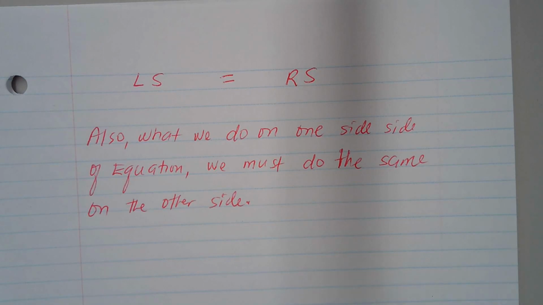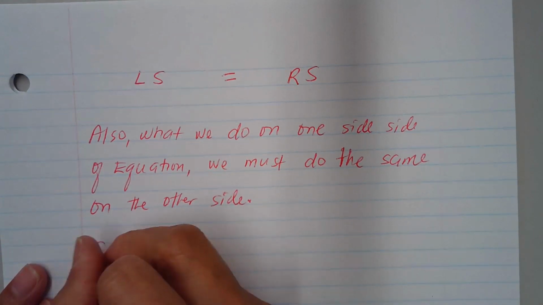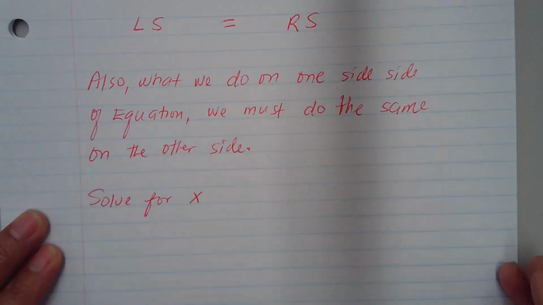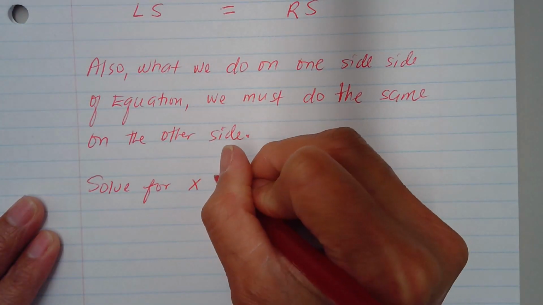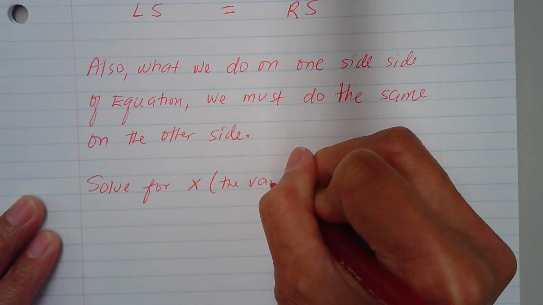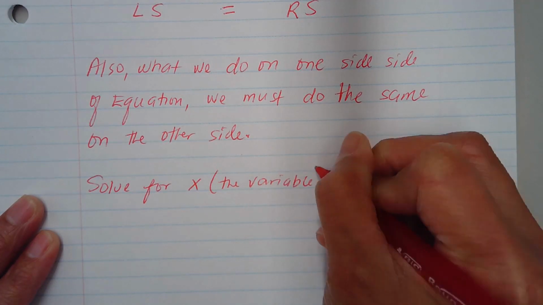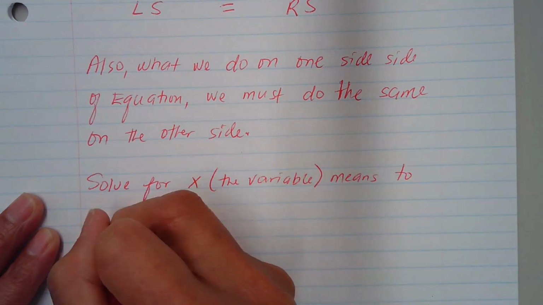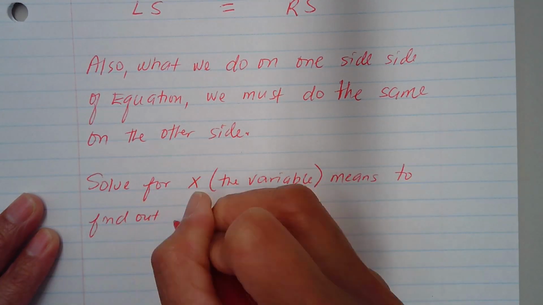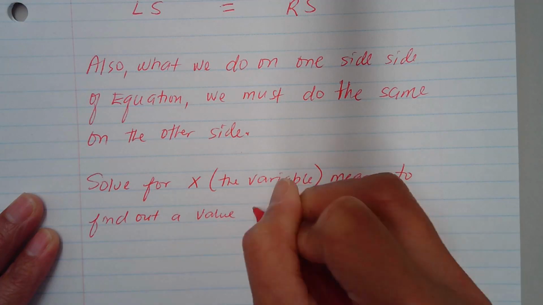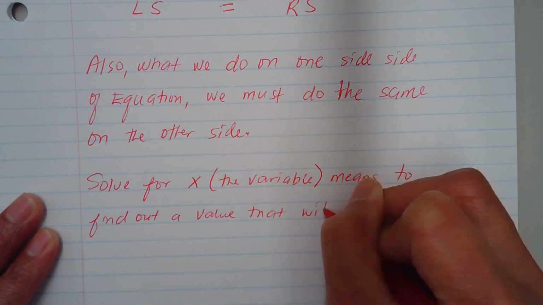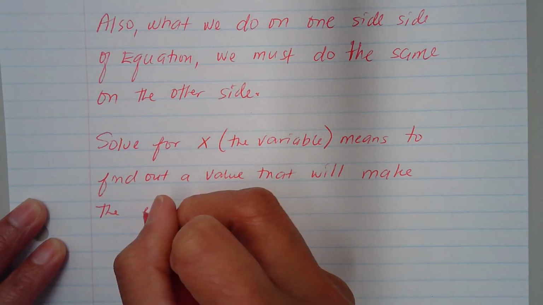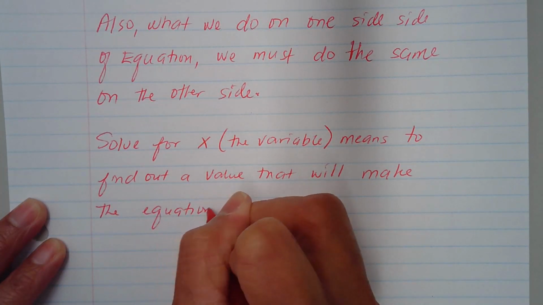And solving for x means, okay, x means the variable, means to find out a value that will make the equation true.